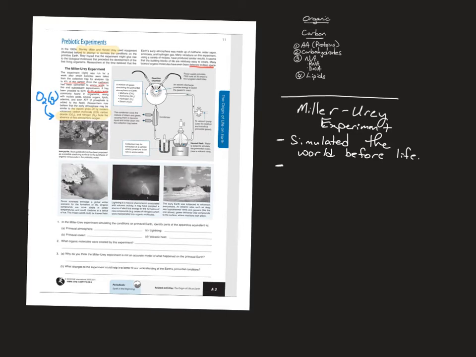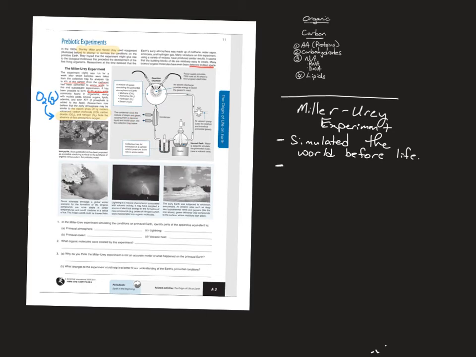We know proteins need to be made. We know genetic information has to be kept in order for things to be passed on. All those characteristics of life. We know that these organic molecules had to exist before the cell. So how did these organic molecules come to be? Well, that's what this experiment was designed to simulate.